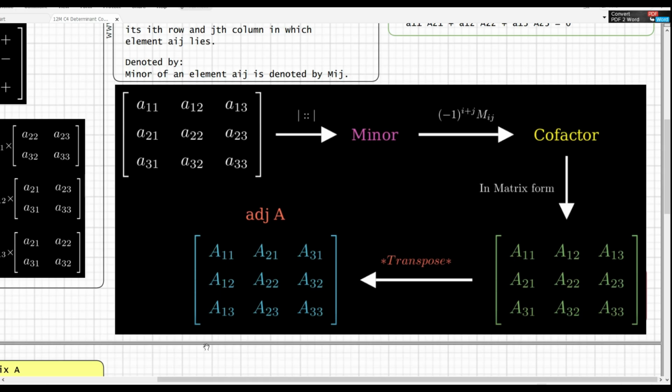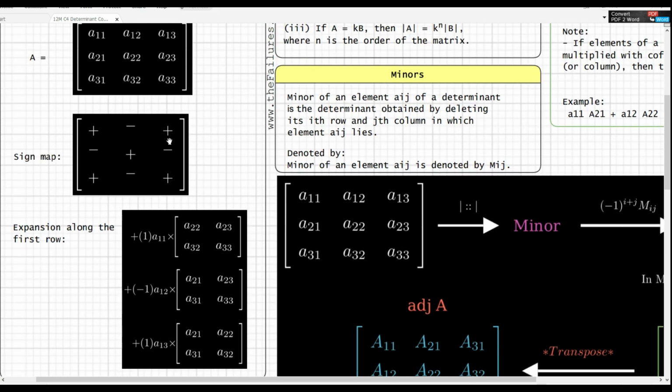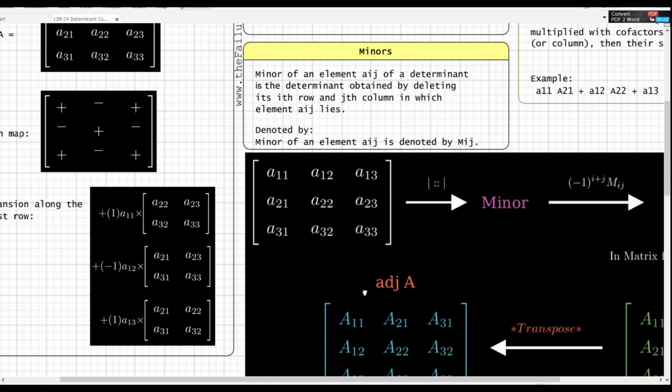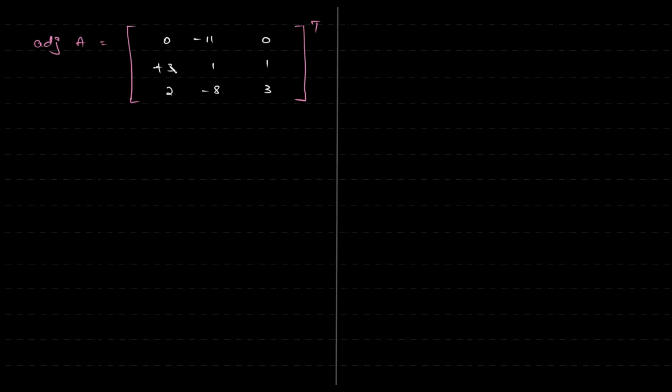What I'm using here is our sign map. So that's why I'm looking at each value and multiplying it. I'm skipping the step of finding the cofactor. So I found the minor, and then I'm handling the negative signs. So this is positive, this is negative, this is positive, this is negative, and this is positive, right? That's it. So you can do this as well.